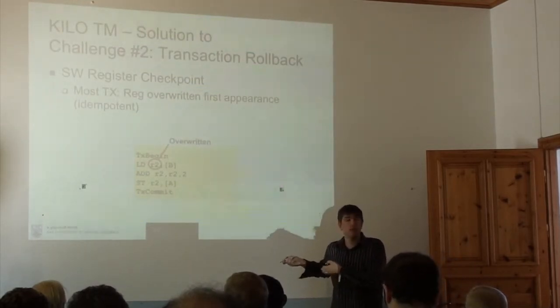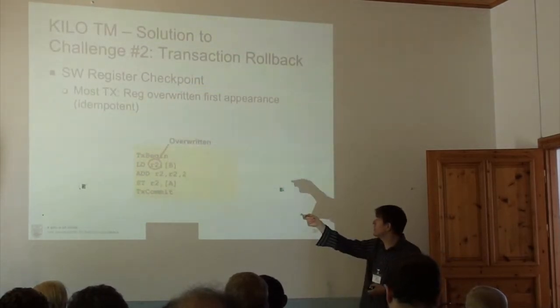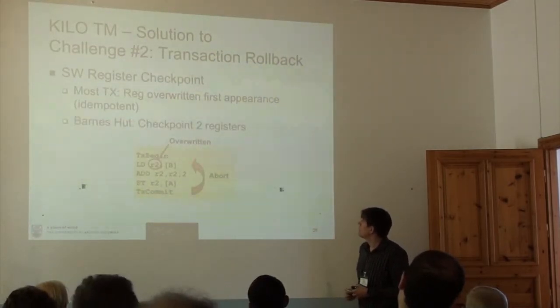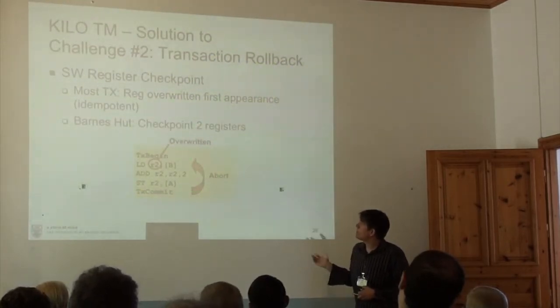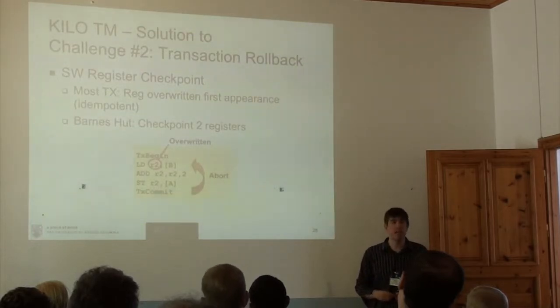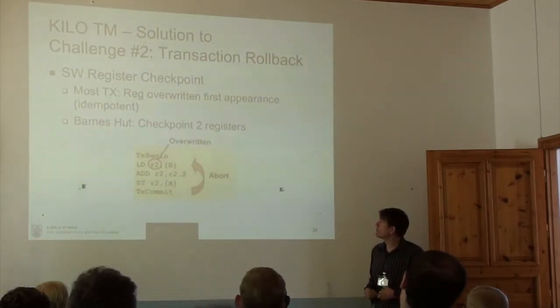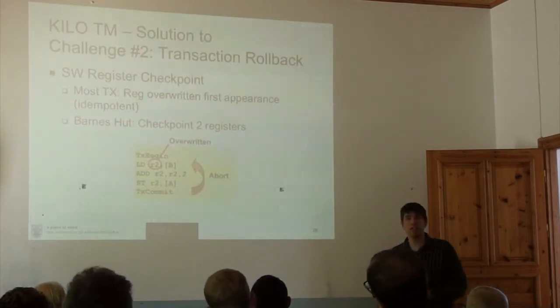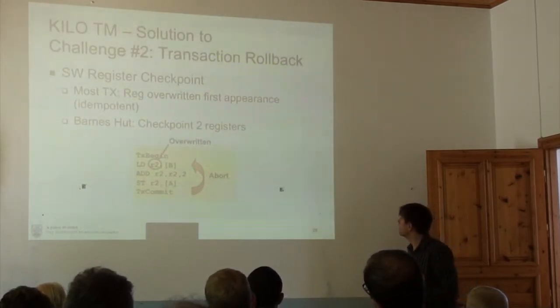So you don't need to checkpoint it, because if you restart, the first thing you're going to do is overwrite it. The short end of the story is that for most applications we looked at, you didn't actually need to checkpoint any register. In the worst case, for Barnes-Hut, you need to checkpoint 2 registers, out of maybe 64 registers that are architecturally in the instruction set.